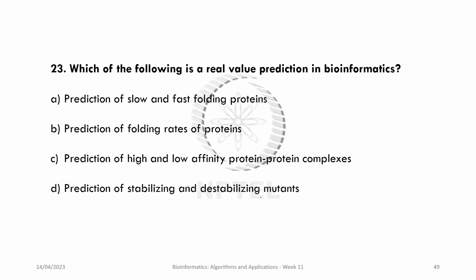Moving on to question 23. Which of the following is a real value prediction? So use the hint that I gave you before in bioinformatics. Option A, prediction of slow and fast folding proteins. B, prediction of folding rates of proteins. C, prediction of high and low affinity protein-protein complexes. D, prediction of stabilizing and destabilizing mutants. Very similar question.